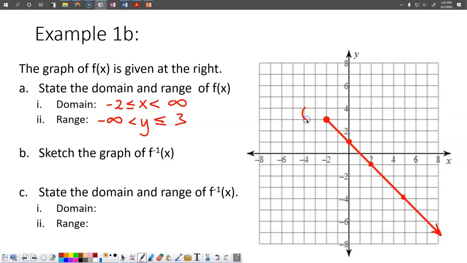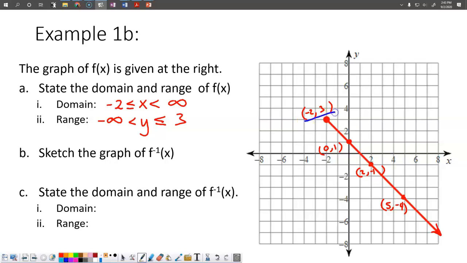And let's put the coordinates on there. So that's -2, 3; 0, 1; 2, -1; and 5, -4.